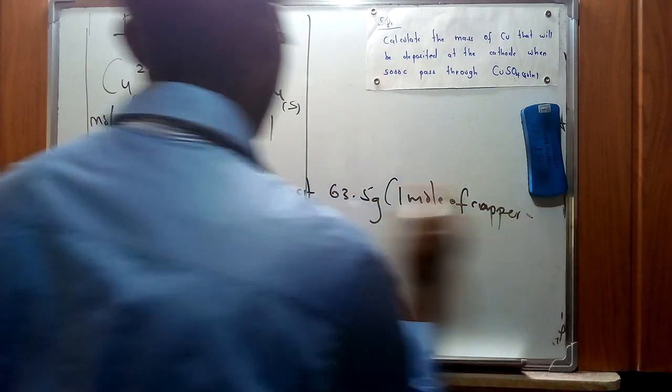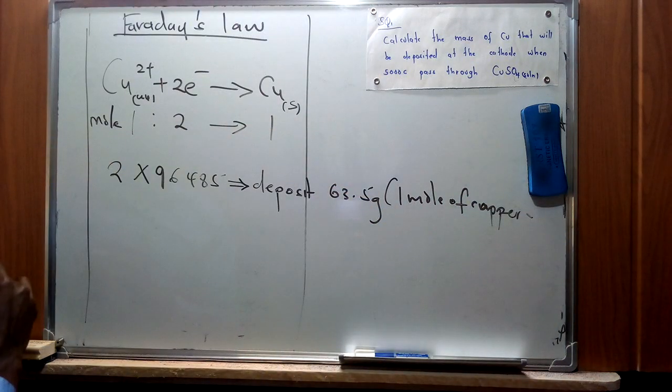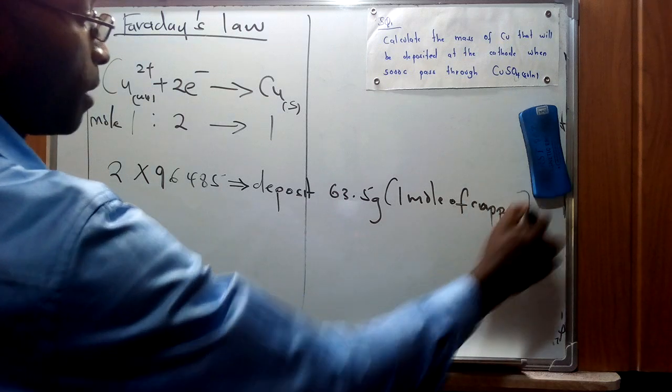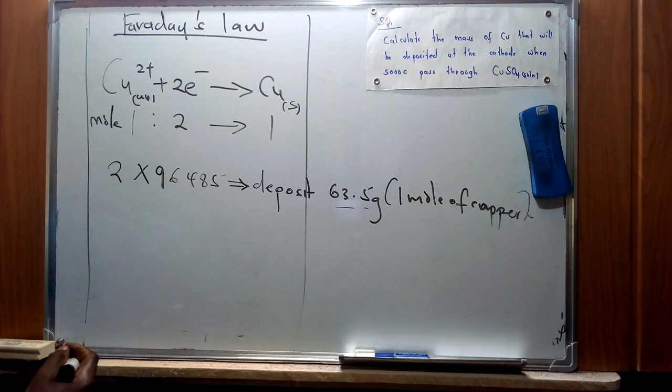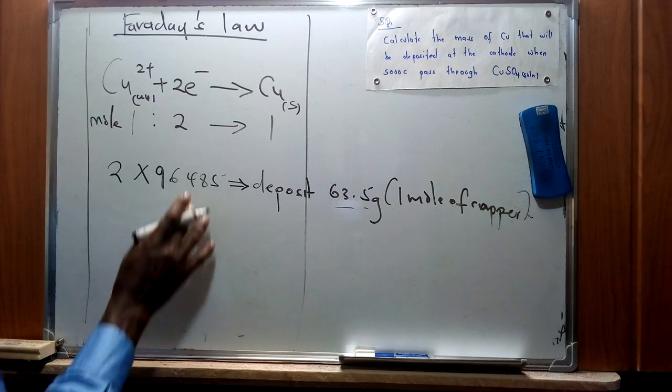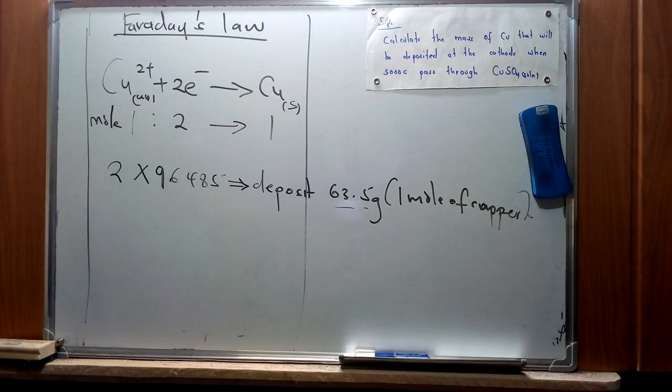From our half equation, 1 mole of copper is the one that is deposited. So this 1 mole of copper, which has a mass of 63.5 grams, is deposited by this total charge.